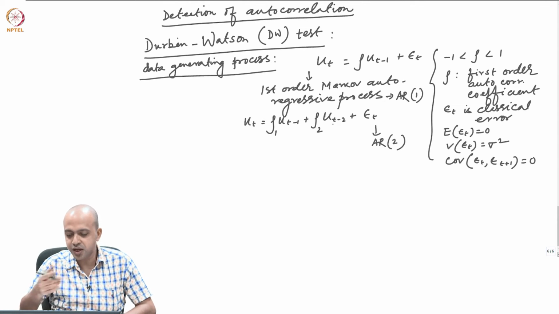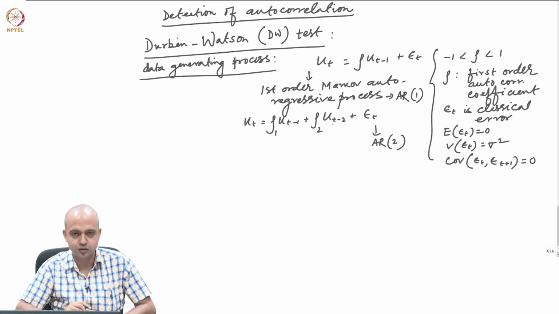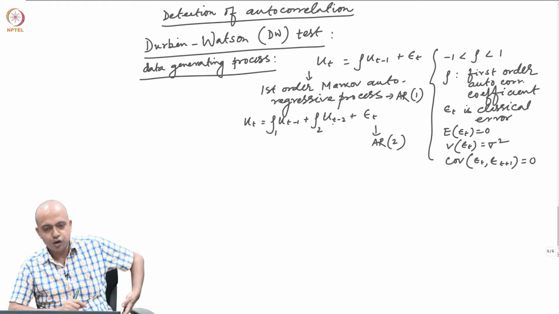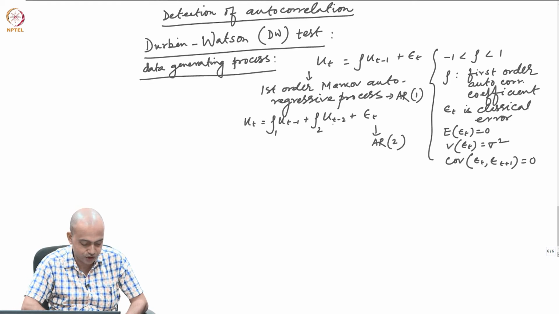Since ut is regressed on its own previous value, that is why the name is autoregressive process, and Markov was the econometrician who first introduced the term. That is why the name is Markov first order autoregressive process.